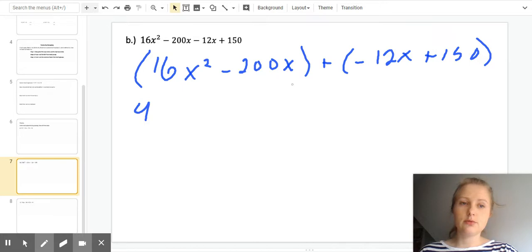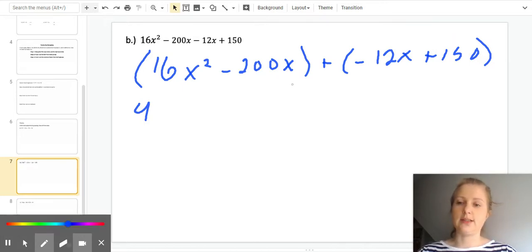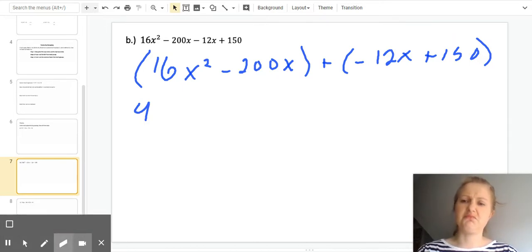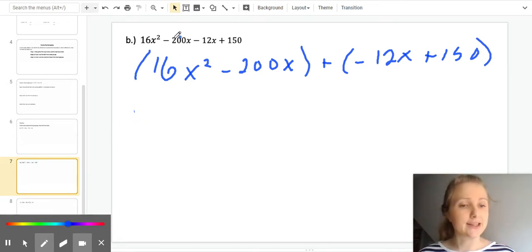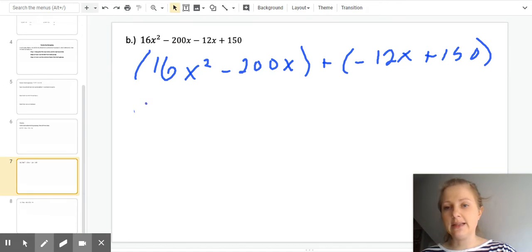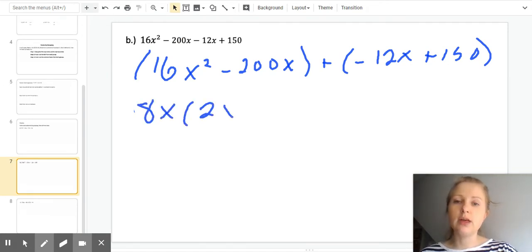So just realizing now I can factor out more than a 4. So why don't we factor out the greatest common factor? We can factor out an 8 as well, can't we? So 8, and then like I said, x. So then we'll be left with 2x minus 25.